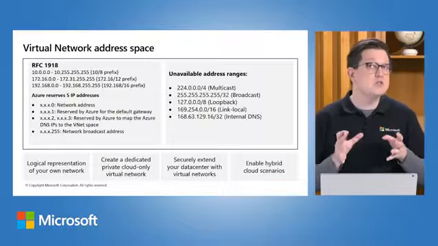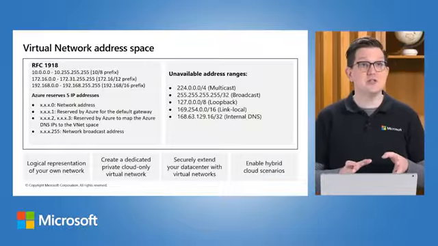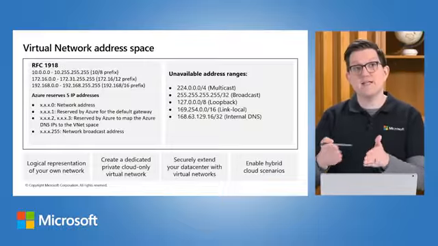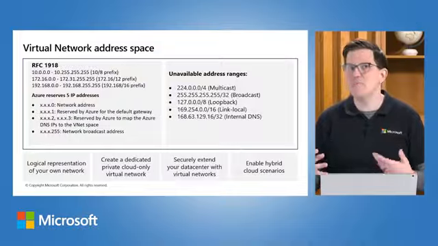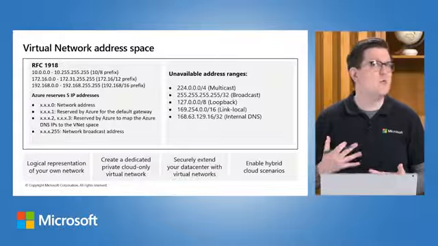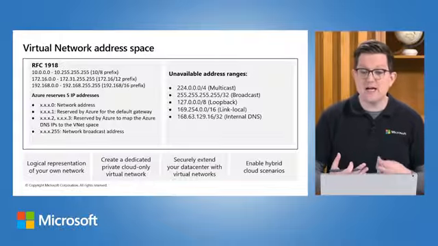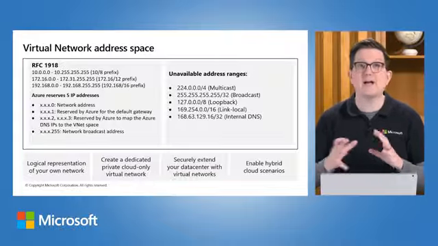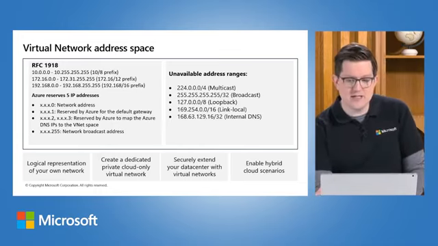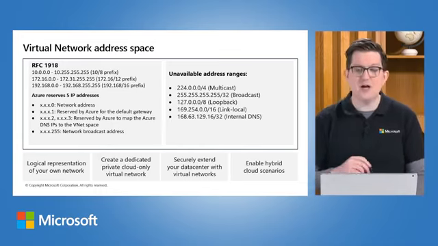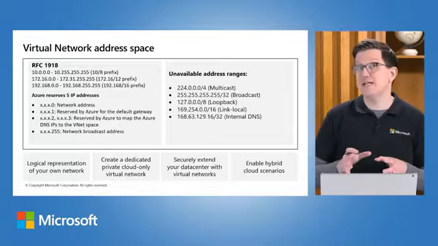Now, there are a few reserved address ranges in Azure. Most of the ones on the right-hand side in the unavailable address ranges set, they're things that you might be familiar with if you've done networking on premises. Things like multicast, broadcast, loopback, all of these address spaces are fairly common. One you might not have seen before, and will come up quite a bit, is the internal DNS.